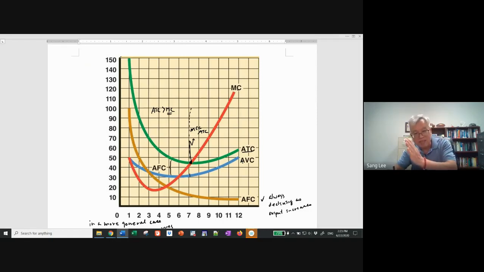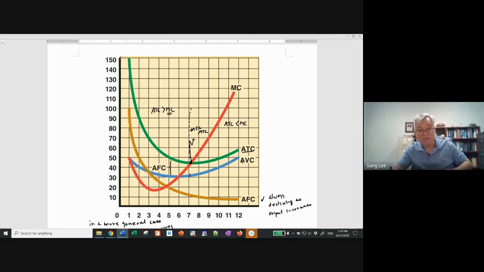But on the other side of this dotted line, now marginal cost is what? Positioned above average total cost curve. So here, now what happens? Is greater than average. In other words, you play one more game, take another exam, and you produce one more unit, and then cost or test score is what?